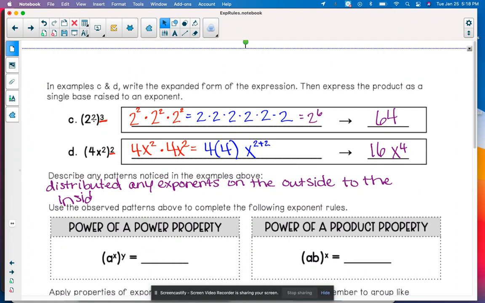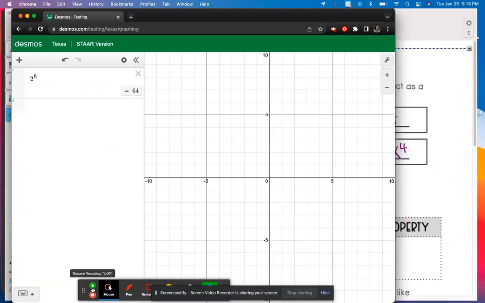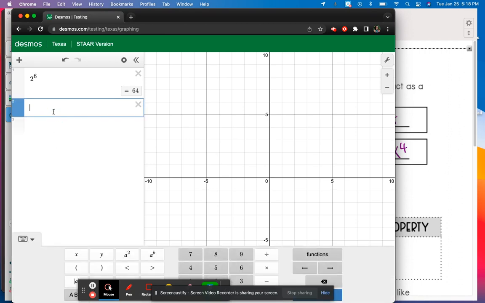So if I was to type C into Desmos, just like it's written, I have parentheses 2 squared, and then I'm going to press my AB button and type a 3 on the outside. You can only do this with numbers. You cannot do it with variables.